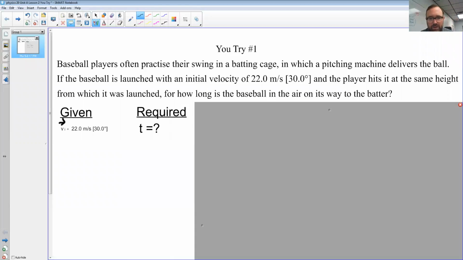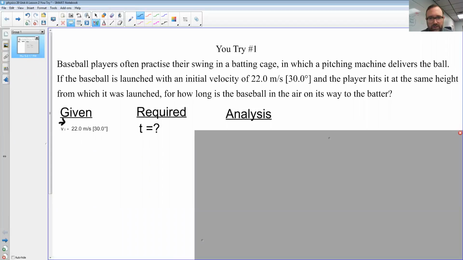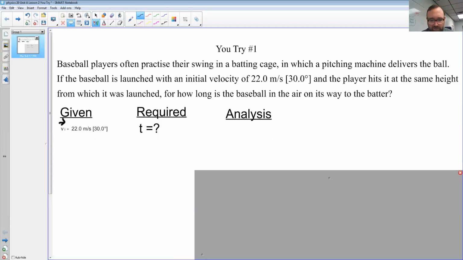Now under the analysis, a diagram would help us here, so we need to consider positive and negative components. First things first, there won't be any negative components. Keep in mind, baseballs undergo projectile motion.